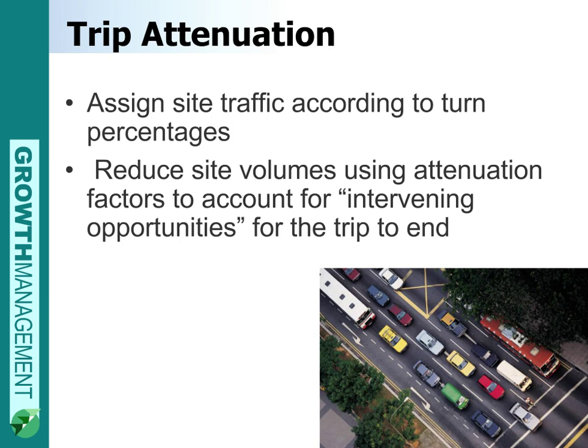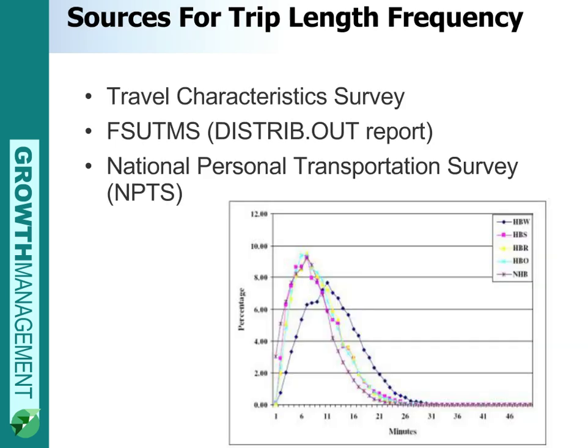How do you figure this out? One way to do it is this trip length frequency diagram from a model of a particular urbanized area. It's for different uses of trips, but it can be combined and simplified if you're doing a manual distribution.